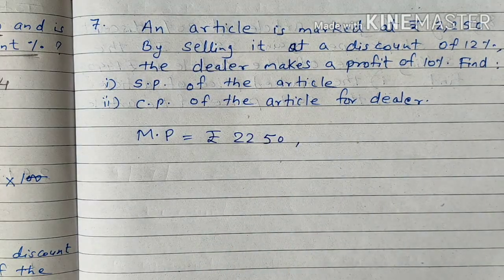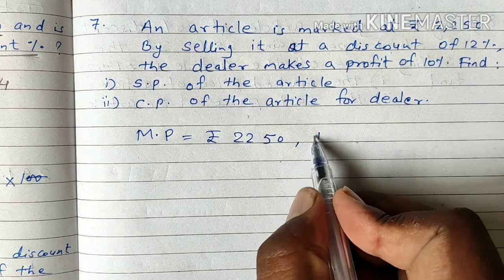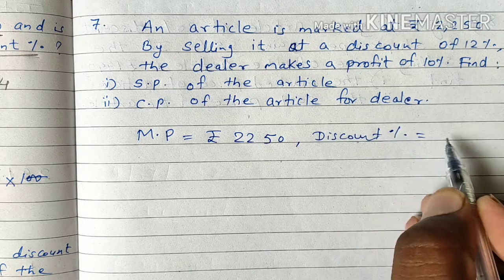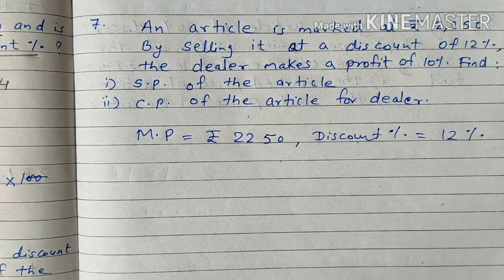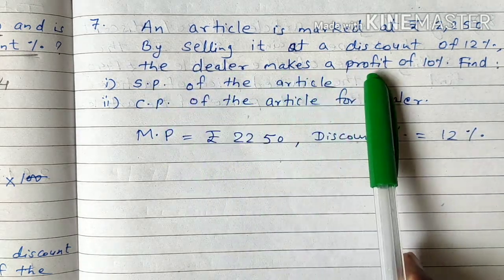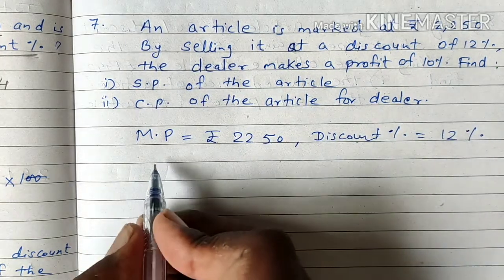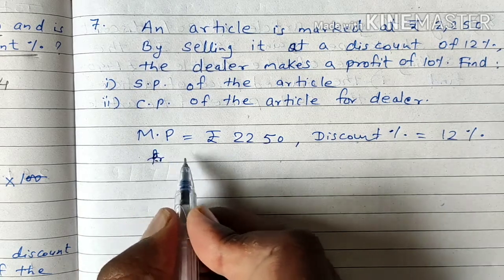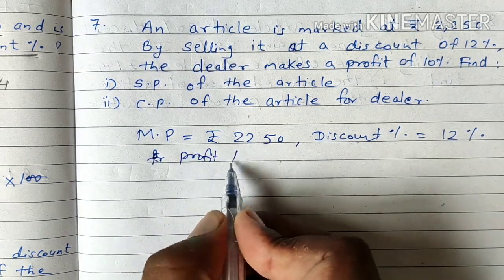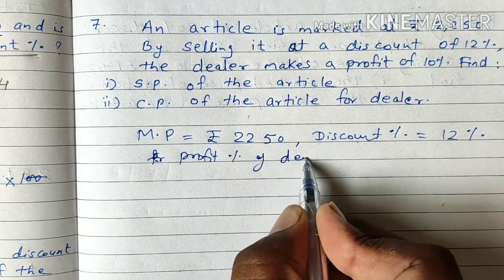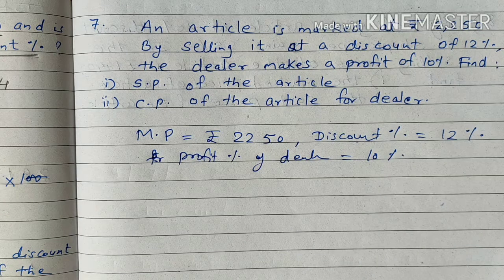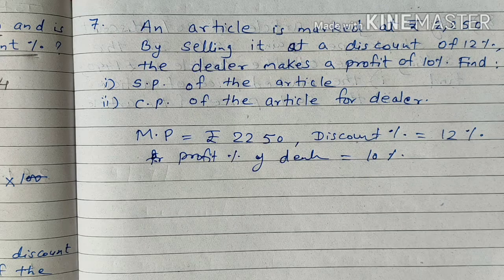The discount percent is 12%. The dealer makes a profit of 10%. Profit percent of the dealer is 10%. Find the selling price of the article, and also find the cost price of the article.